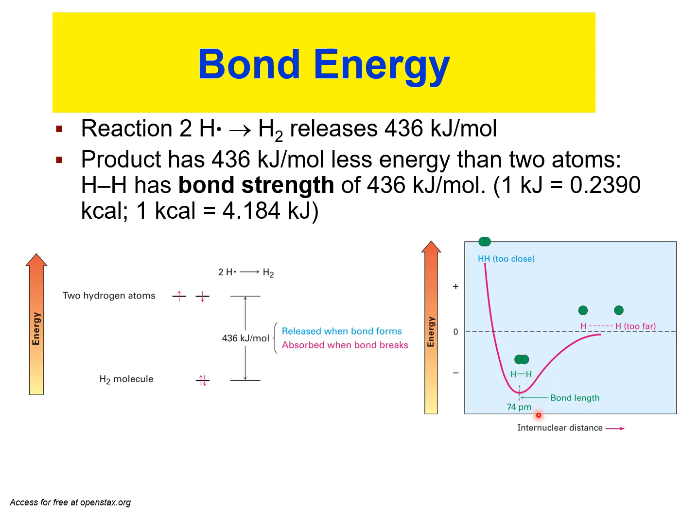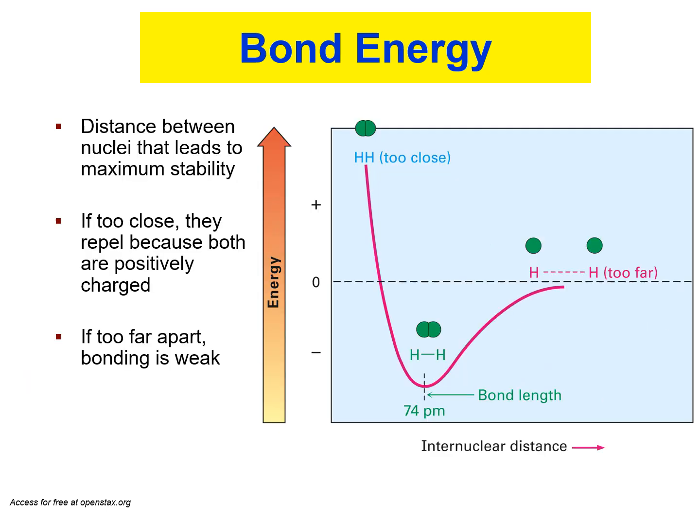In the case of hydrogen, it is 74 picometers. Now, if you bring them any closer, the energy goes on increasing, because repulsive forces start to act, so you can see that the energy is increasing. In a nutshell, the formation of a hydrogen molecule is an energetically favorable process. And it's the same thing that's shown in this slide.